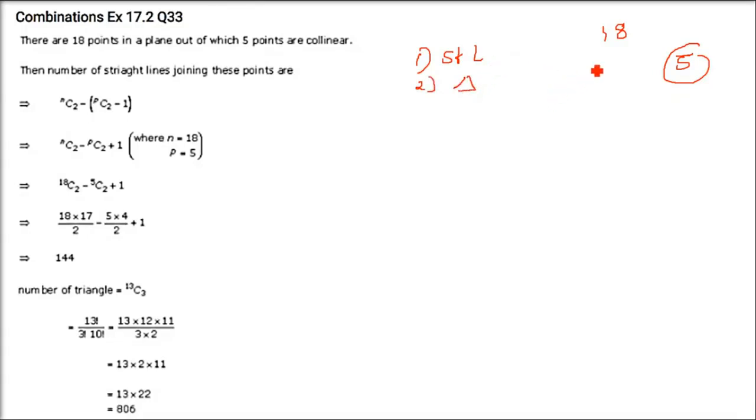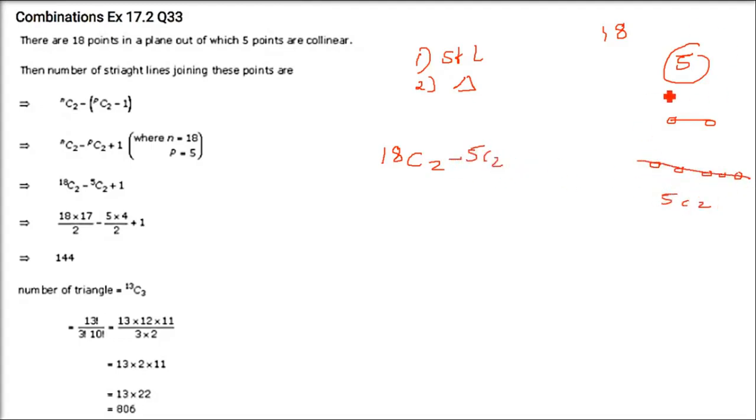Now the straight line concept is quite simple. See, take all the points. With 2 points you can make a line. So 18 C2 are all the possibilities, but the thing is, there are 5 points which are collinear. So even if you combine any of these 5, there will be only a single line. So 5C2 is the same line.